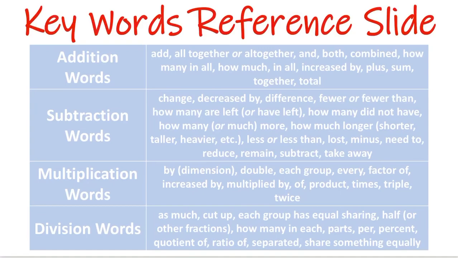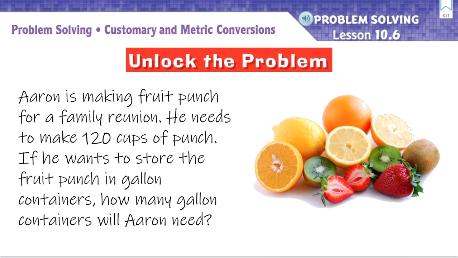So if you can just figure out what is what, then you'll know what operation you're doing. But if there is a step in a multi-step problem, you'll need to box those additional reference slide words.